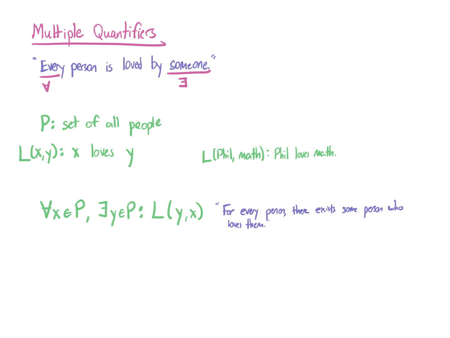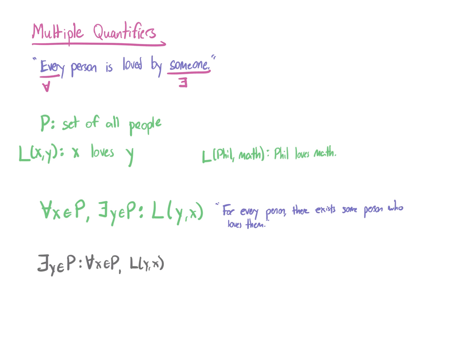Suppose that I made a mistake here, and instead of doing my for all first, I did my there exists first. There exists y in the set of people P, such that for all x in P, L of y and x. So this proposition looks kind of the same. It has all of the same symbols. They're just in a different order.